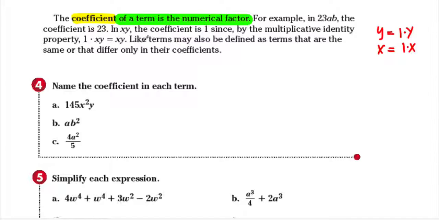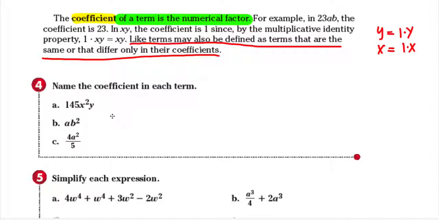Like terms may also be defined as terms that are the same or that differ only by their coefficients. So that's another alternative definition of like terms. Name the coefficient in this term.